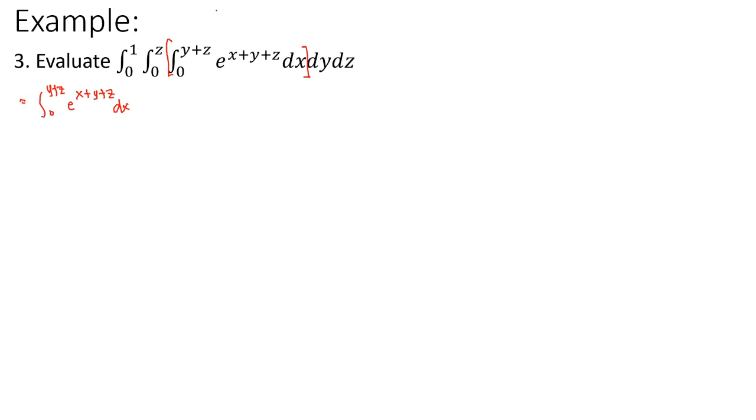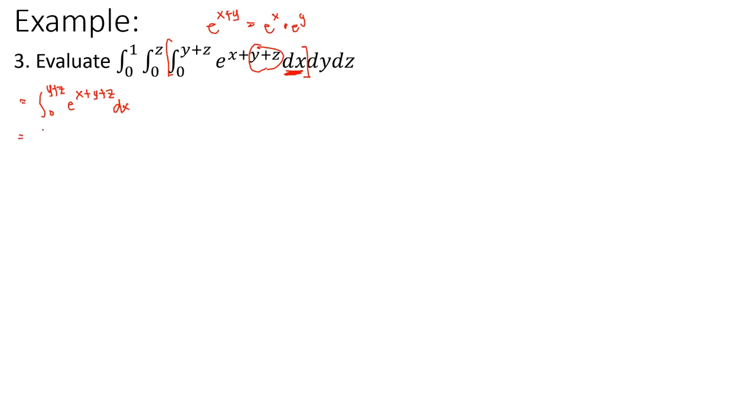From the exponential properties, if you recall, e raised to x plus y is equivalent to e raised to x times e raised to y. Since we are only integrating in terms of dx, we can put y plus z outside because that is constant.